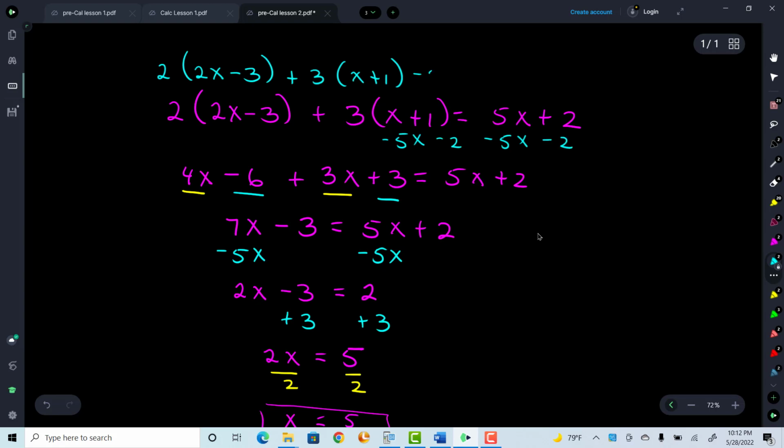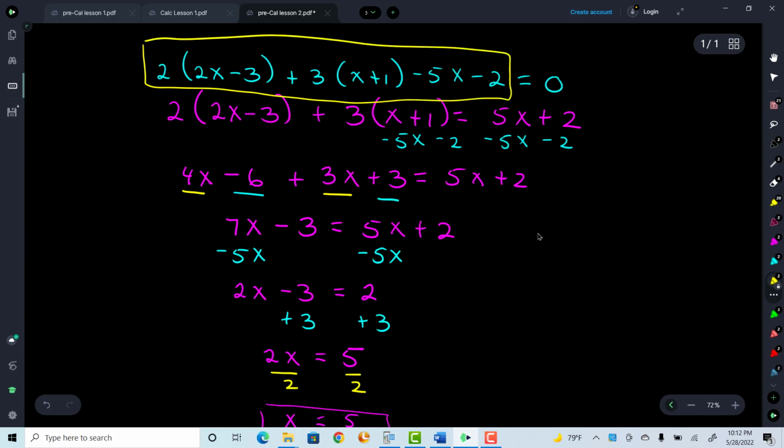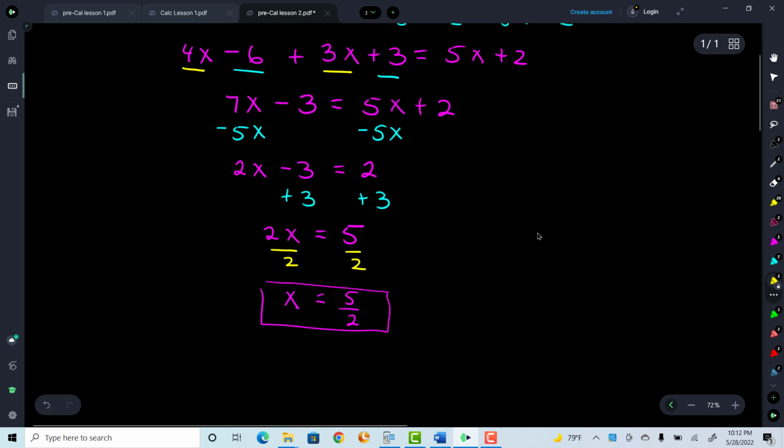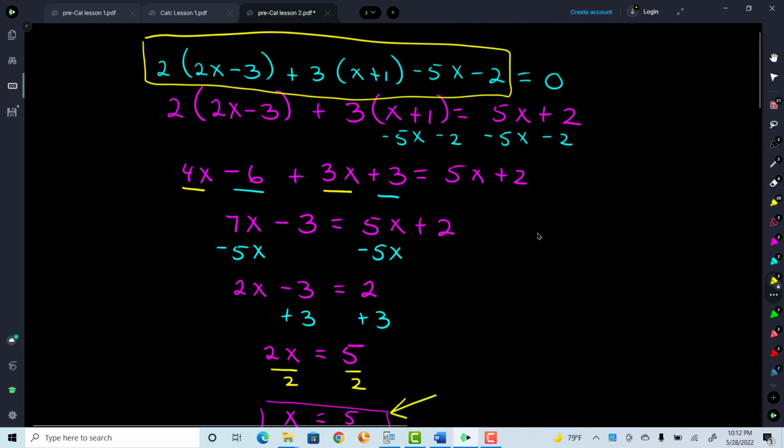So we're going to get minus 5x minus 2 equals 0. So I'm looking to find where this whole thing is actually equal to 0. And according to the work I just did, that's at 5/2 or 2.5.